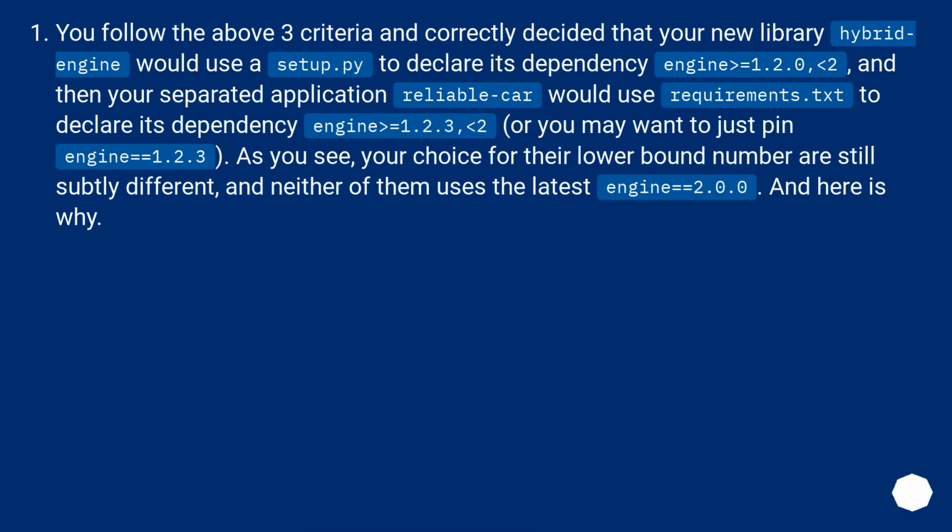You follow the above 3 criteria and correctly decided that your new library hybrid engine would use a setup.py to declare its dependency engine>=1.2.0,<2, and then your separate application reliable car would use requirements.txt to declare its dependency engine>=1.2.3,<2, or you may want to just pin engine==1.2.3. As you see, your choices for their lower bound numbers are still subtly different, and neither of them uses the latest engine==2.0.0. And here is why.